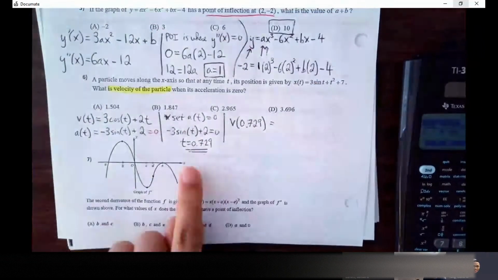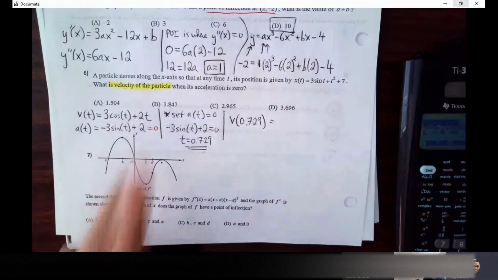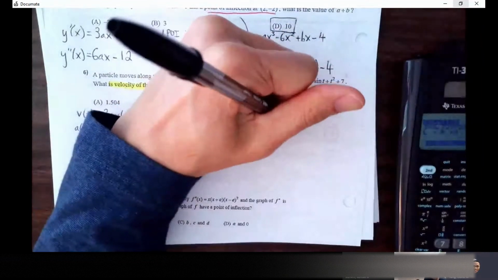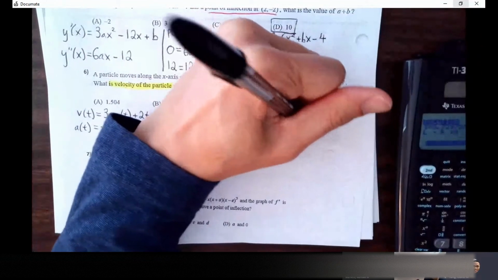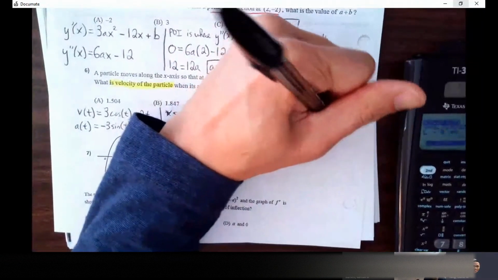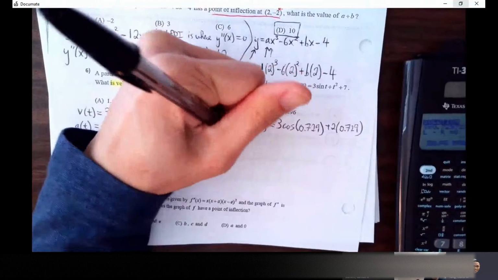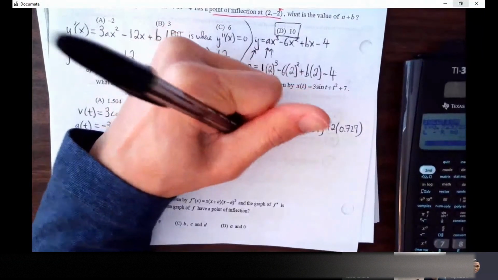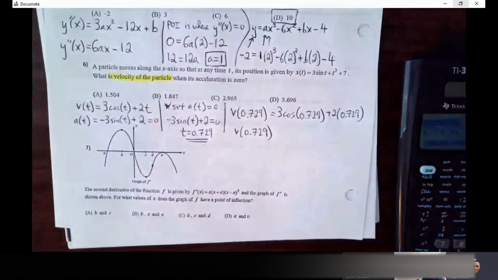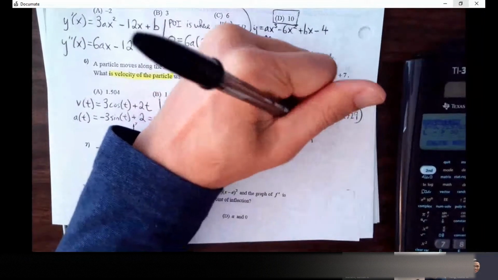So just replace 0.729 in for the t's of my velocity function, and then just enter this in the calculator. And that is going to result us with 3.696.